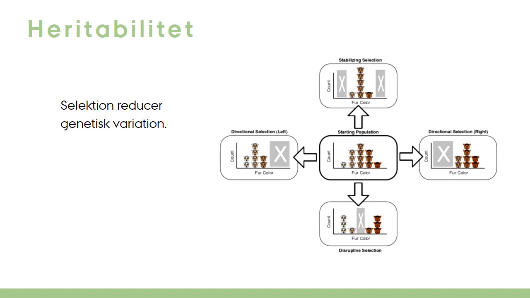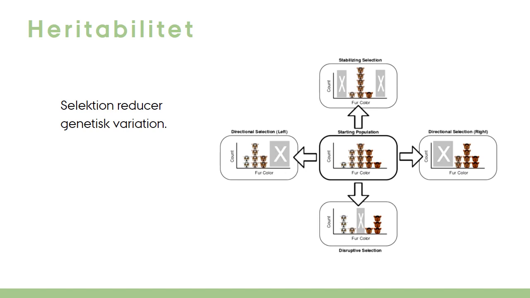And what you'll then see is that by selecting for a very pale fur color, at some point when you do that for long enough, all the animals in your population will be fixed for specific alleles in all the loci that control fur color. And what you'll get then is a population with purely the same fur color. Of course, there will be a little bit of variation because of the environment, exactly.